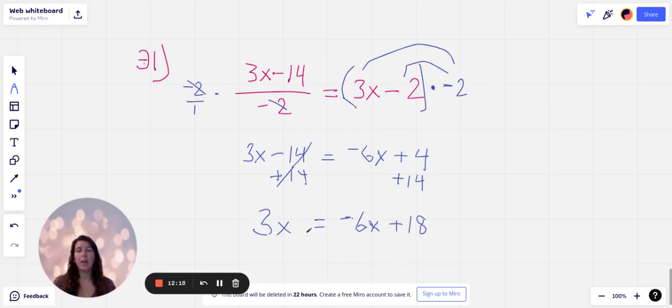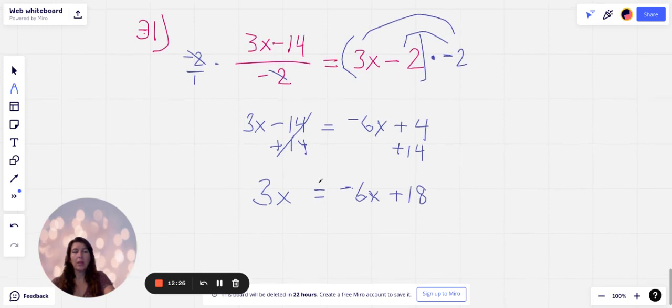Okay. Now I want to get my x's on one side and my constants on the other. So I'm going to add 6x to both sides. So 3x plus 6x.